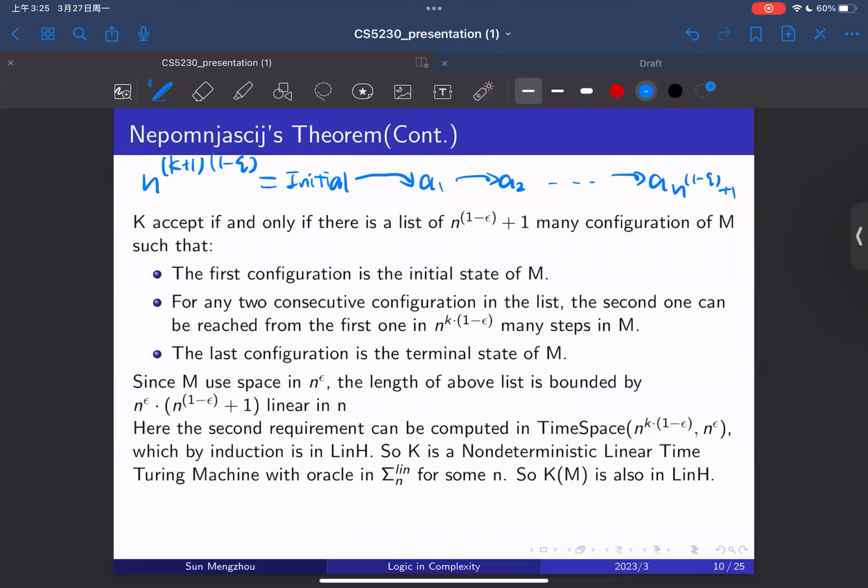And between each two consecutive configurations, we need n^(k(1 minus epsilon)) many steps, at most, in M.